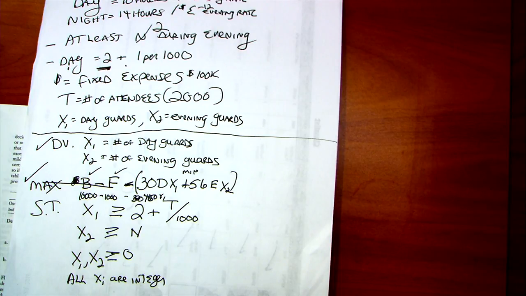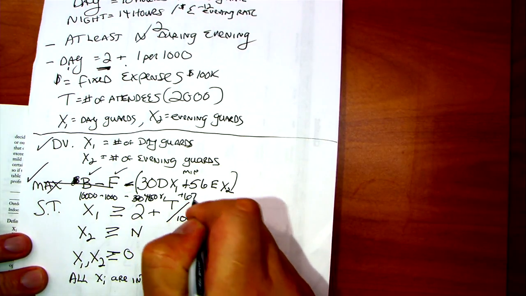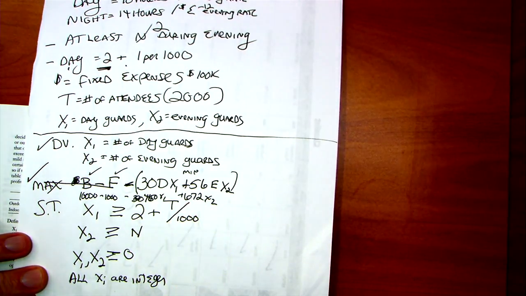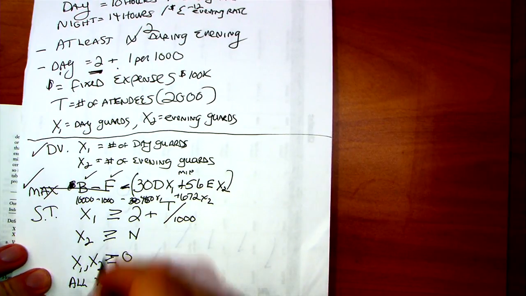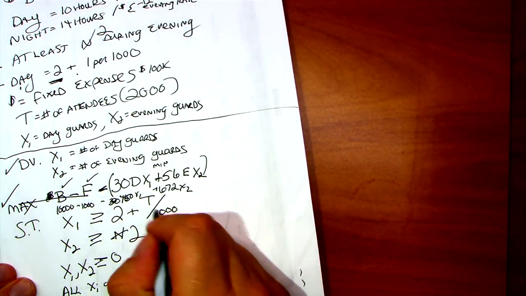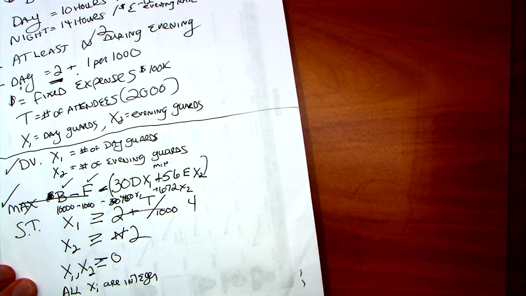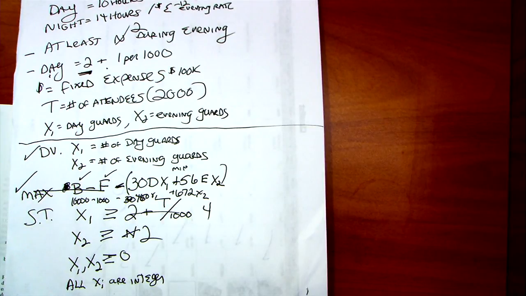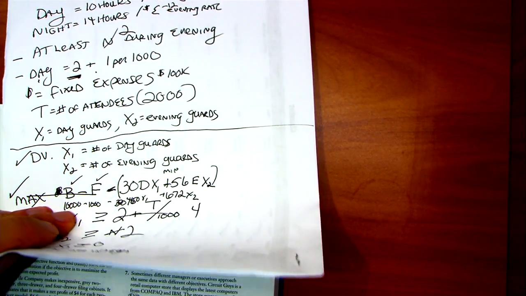What is that? 672. So 672 x2. Okay, this becomes, I think they told us 2. They said how many attendees? 2,000. So that becomes 4. All we're doing really is taking those variables and plugging in the actual rates for this job.